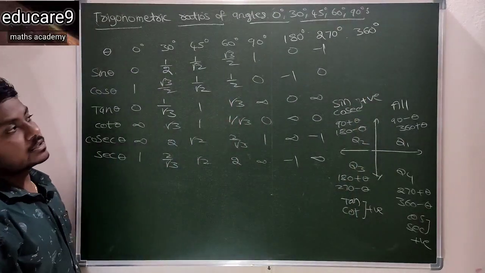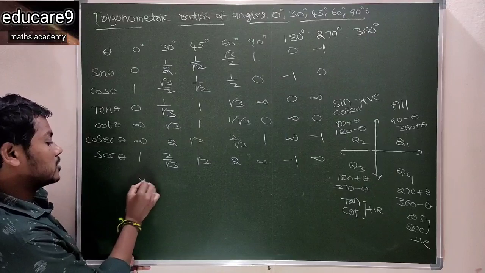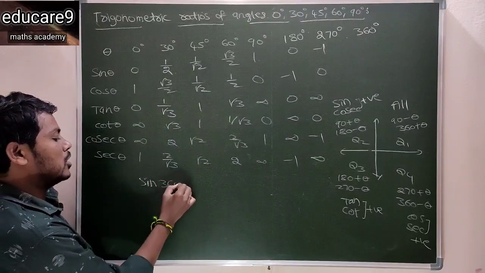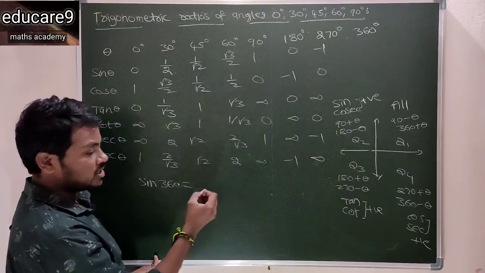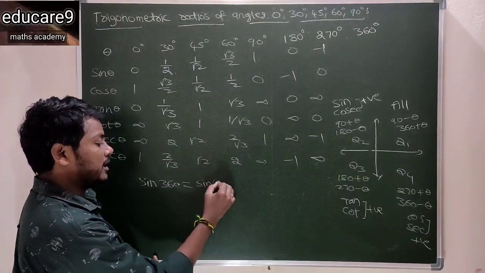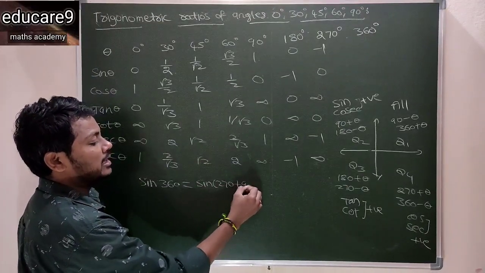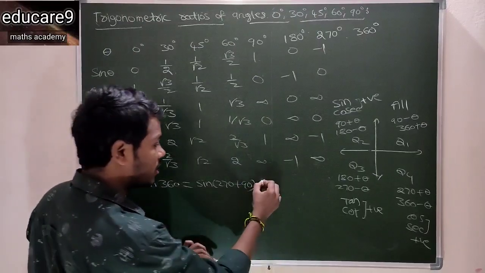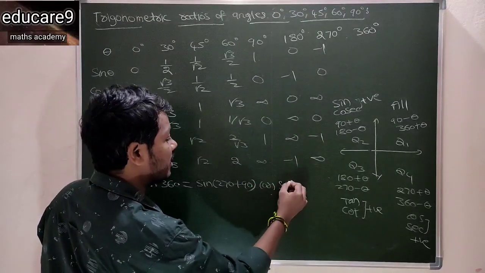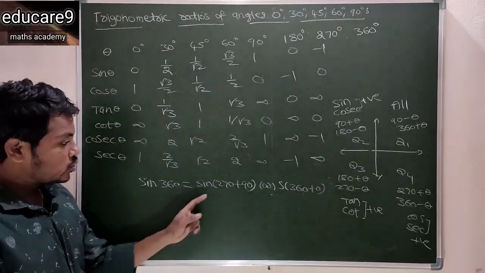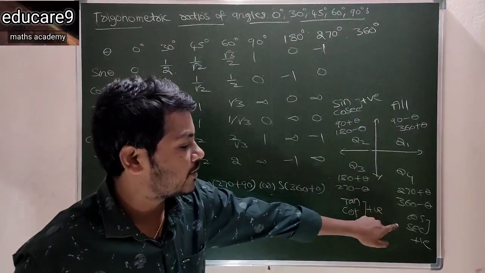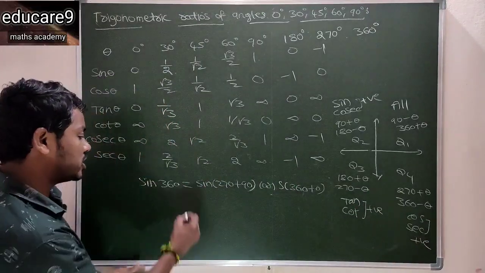Next to find 360 degrees. See here, sin 360, how to write? 270 plus 90 or 360 plus 0. Sin of 270 plus 90 or sin of 360 plus 0, both are same only. 270 plus theta is in the fourth quadrant. In the fourth quadrant cos and sec are positive.